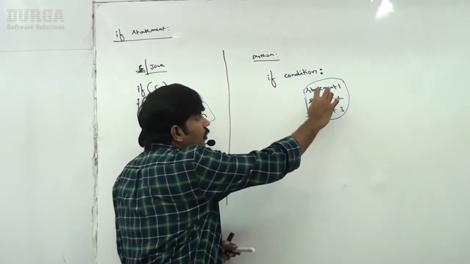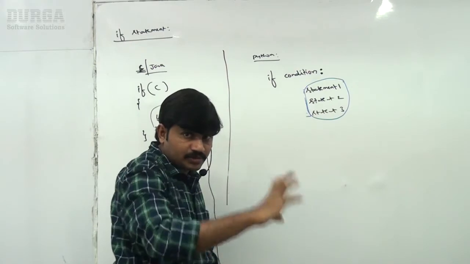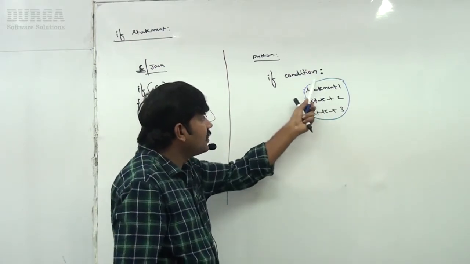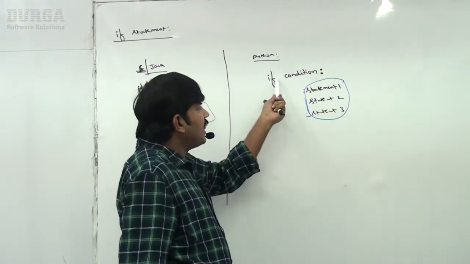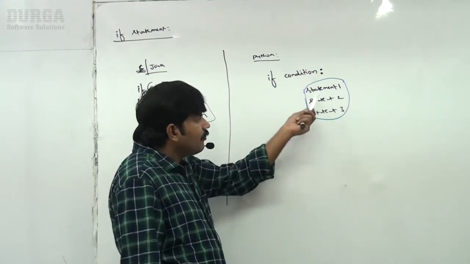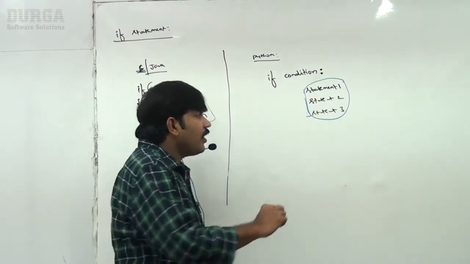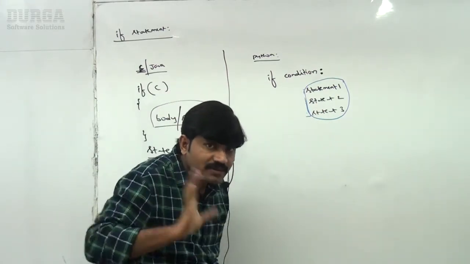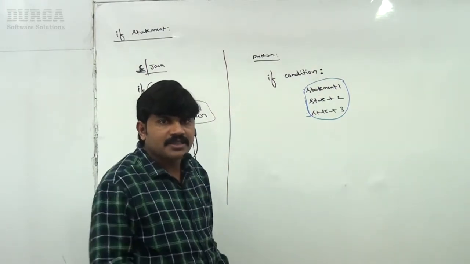So a colon followed by this indentation block is by default considered as the if block, right? Now can you please tell, is statement 3 under the if condition or not? Yes. Statement 2 is under the if condition, statement 1 is under the if condition, right? Sir, now I want to write a statement which is not under the if statement. It is after the if block, an independent statement.